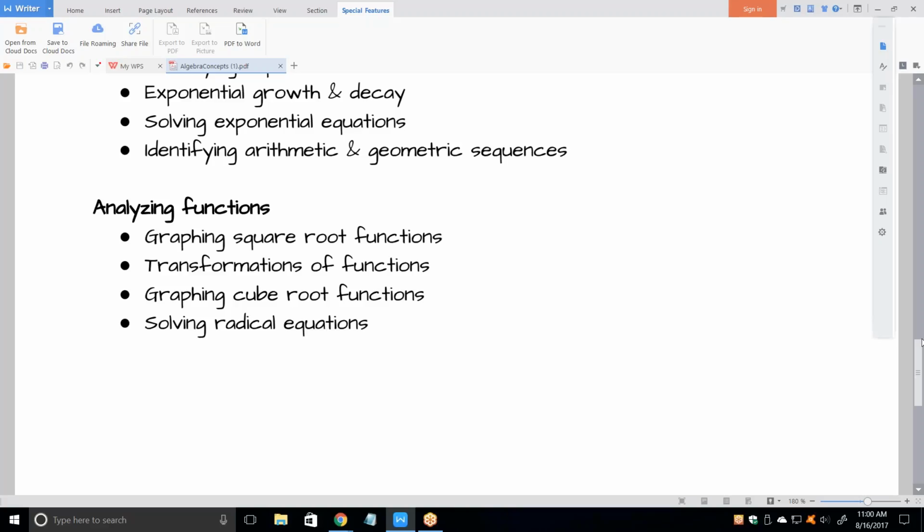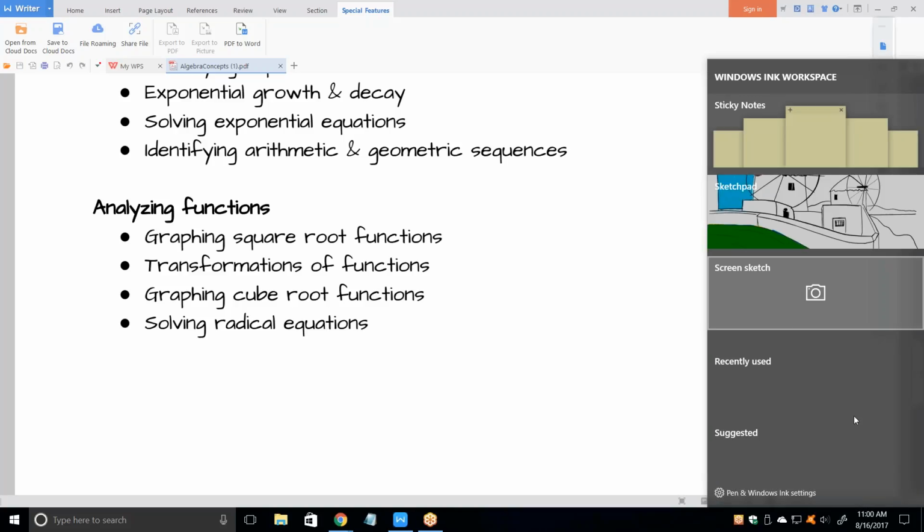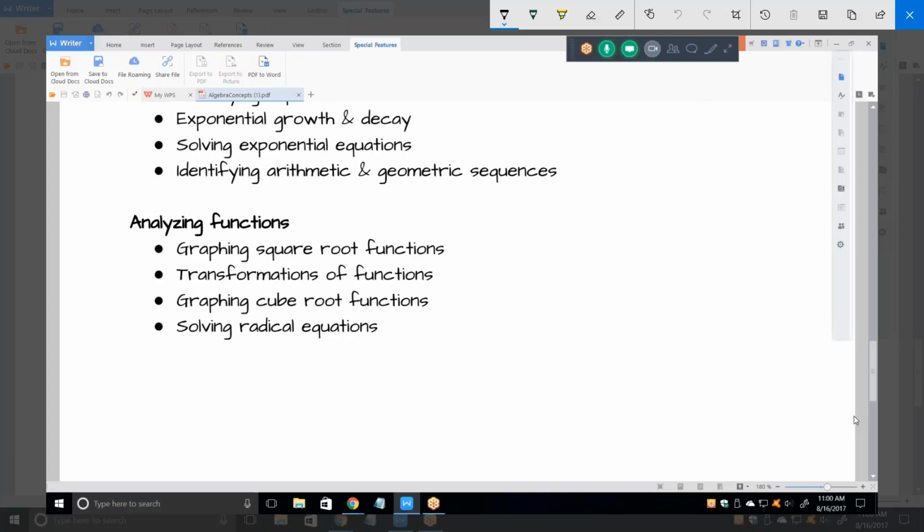Okay. Tell me which of these are exponential equations and tell me which are algebraic equations.